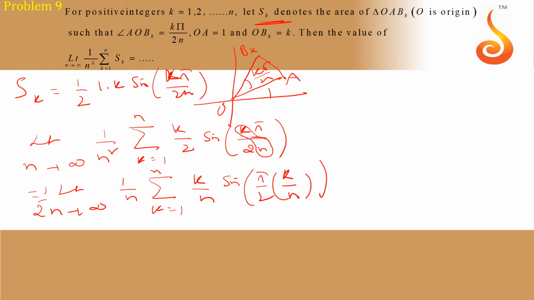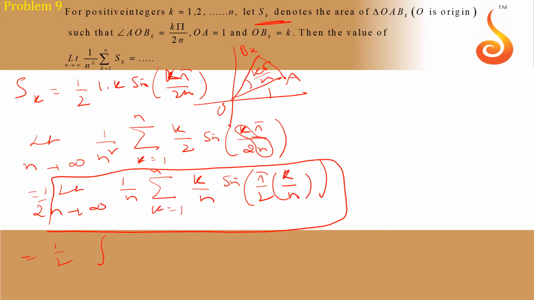If you remember, limit as a sum, we can convert this into a definite integral. How can we convert it into a definite integral? So this 1 by 2 will be as it is. This structure, if you remember, so I can say this is integral. The lower bound will be limit n tends to infinity 1 by n, so it will be 0.